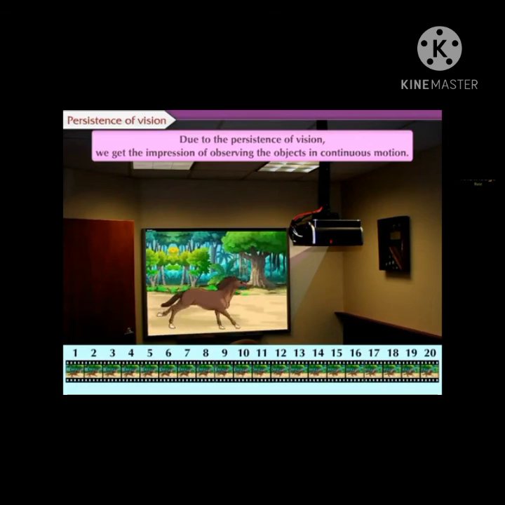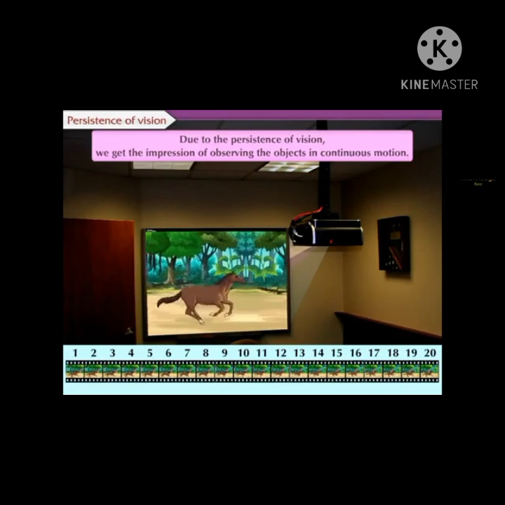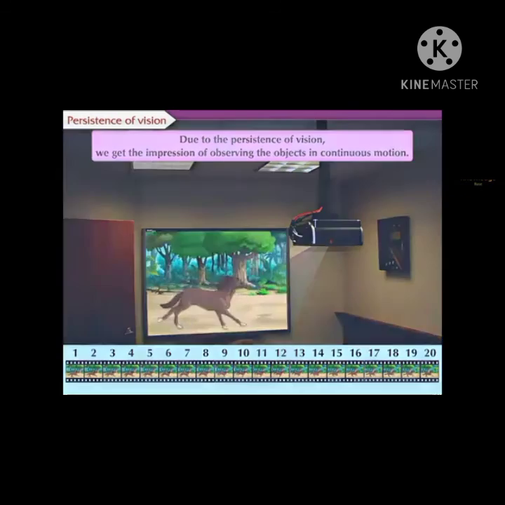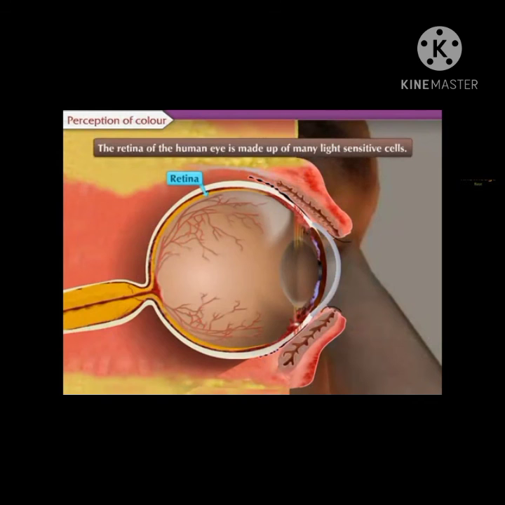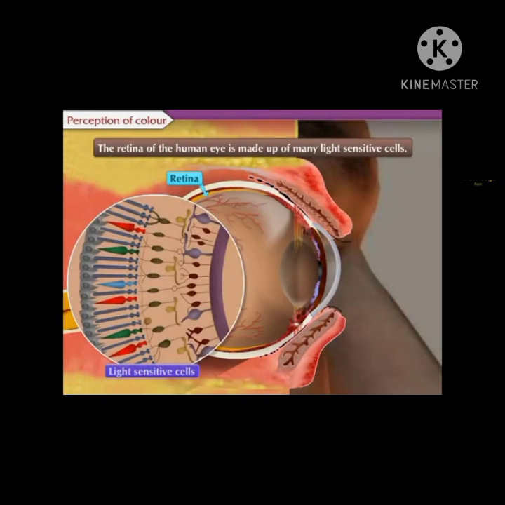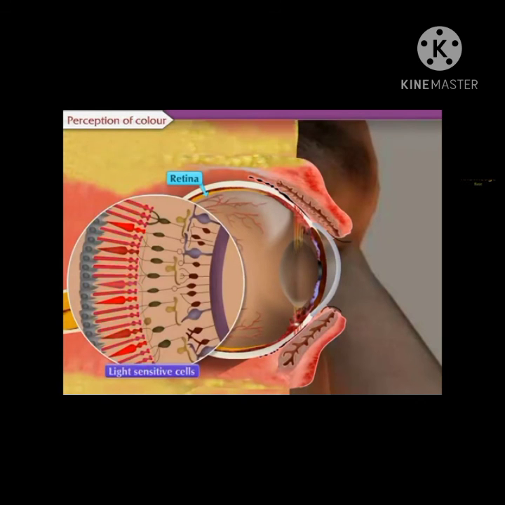Come, let us now understand another interesting concept called perception of color. The retina in our eyes is made up mainly of light sensitive cells. These cells are shaped like a rod and like a cone.